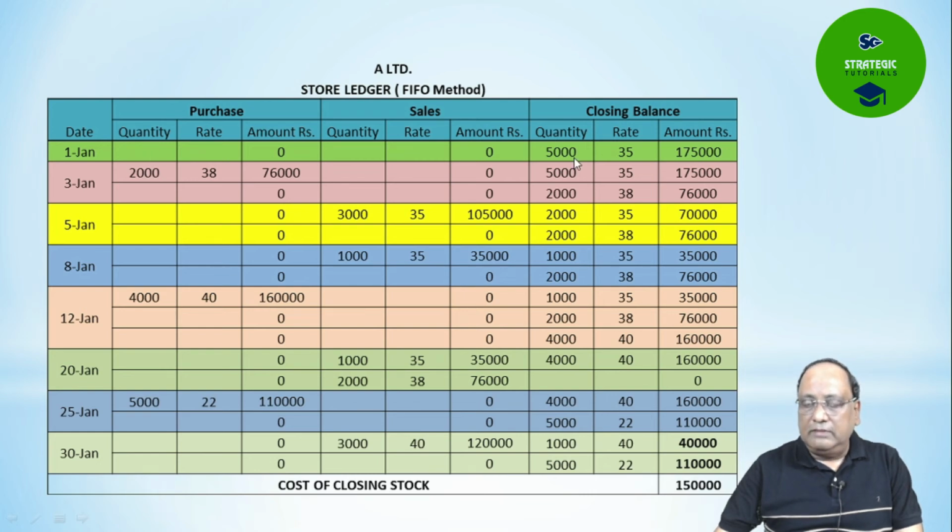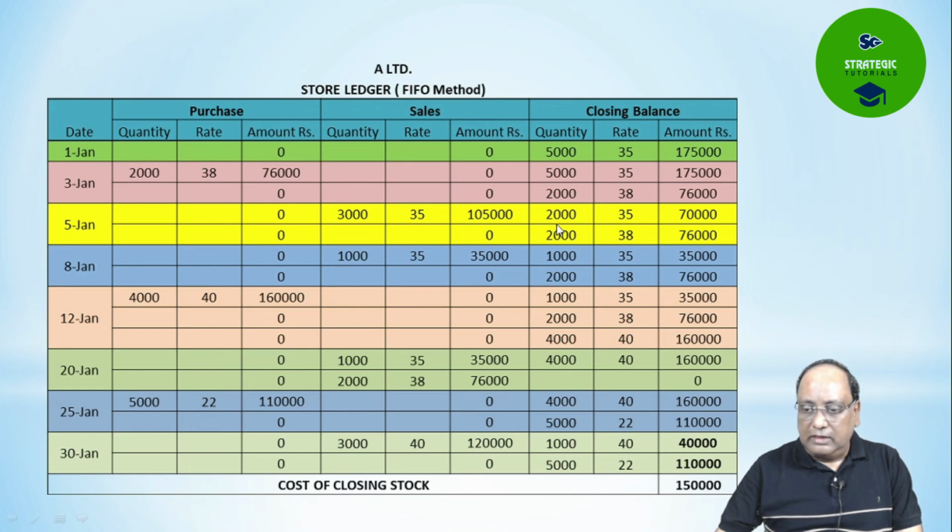So store opening balance is 5,000 units at 35, total 1,75,000. On the 3rd we have purchased 2,000 units at the rate of 38, so 76,000. In FIFO you have to keep this item separately, simply for easy identification of the particular product. In the case of issue on the next day, 5th January, that is 3,000 units, the first entry taken is at 35, so it will come first.